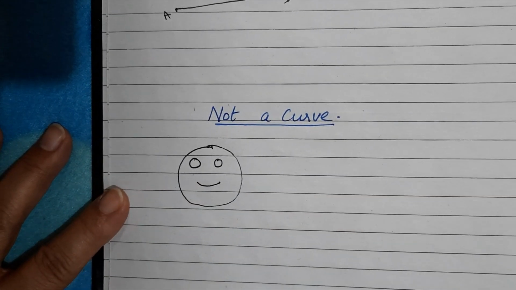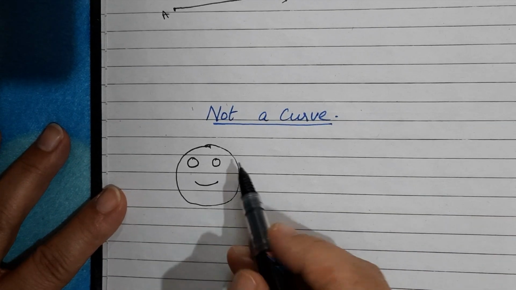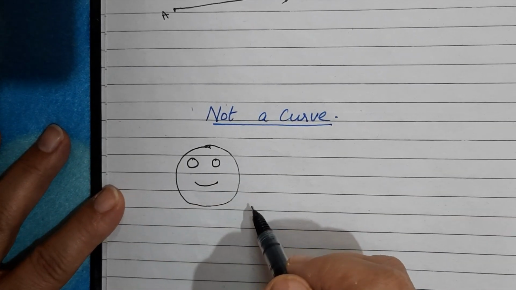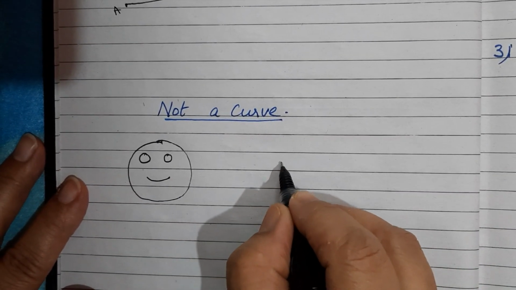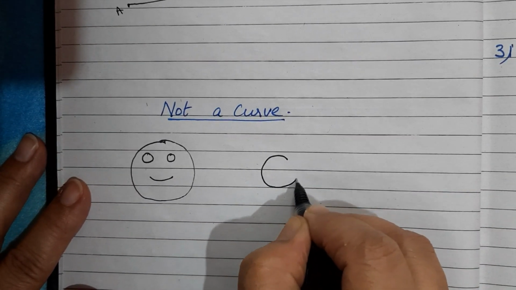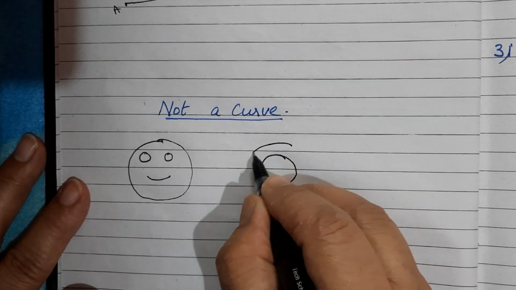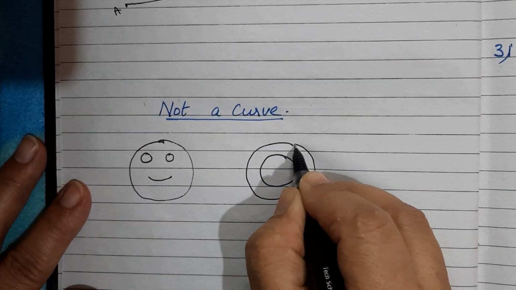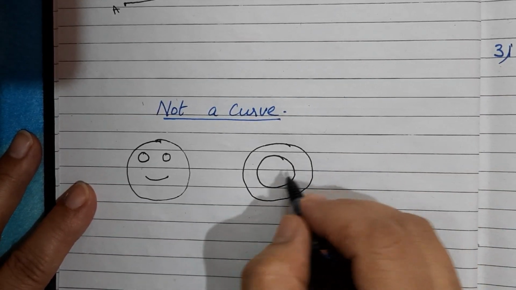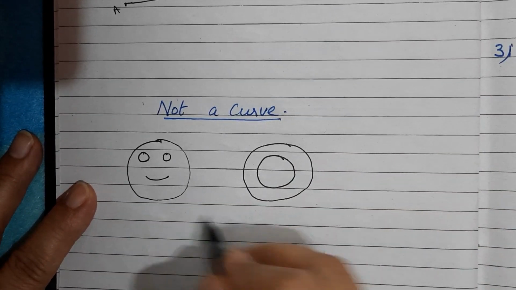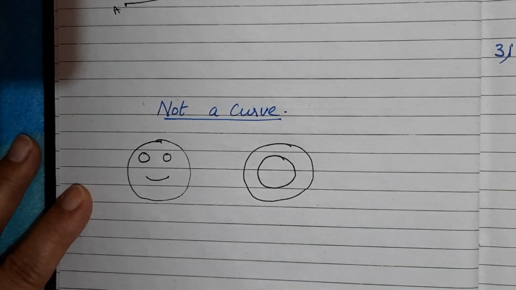Now I have made a smiley. This is not a curve because the figure is made by lifting up the pen. Another figure which is not a curve: I have drawn a circle, and one more circle outside it. The figure looks like a washer or two concentric circles. This is not a curve. So these are the examples which are not curves.